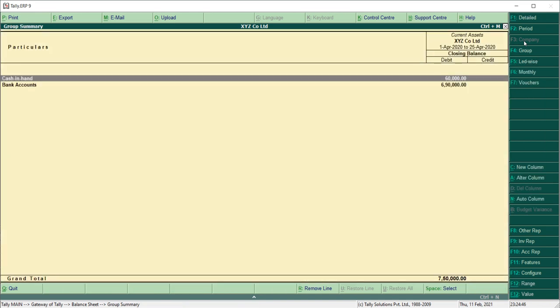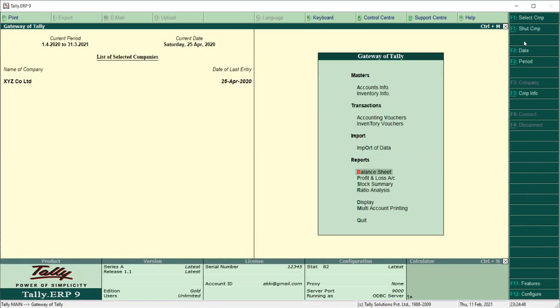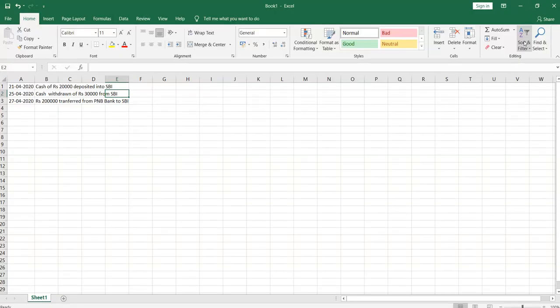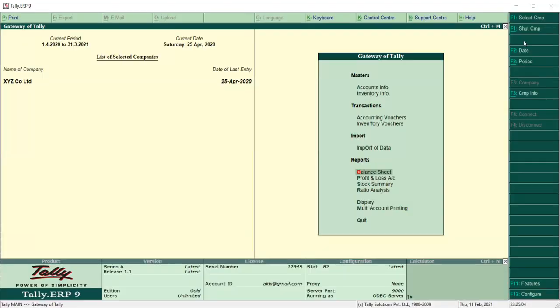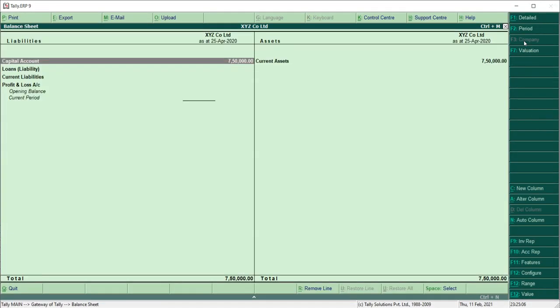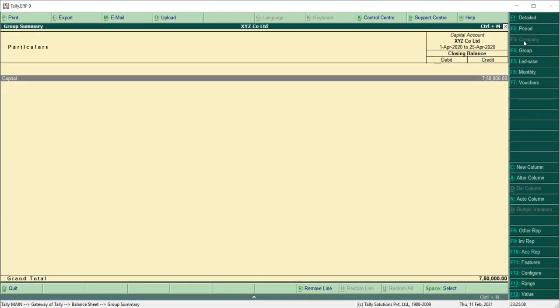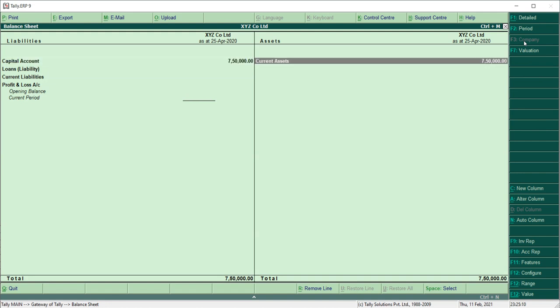Now let's do the third entry. 27th of April 2020, 2 lakh rupees is transferred from PNB Bank to the SBI. So let's go to the balance sheet and check the current assets.